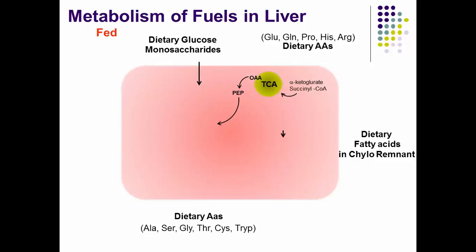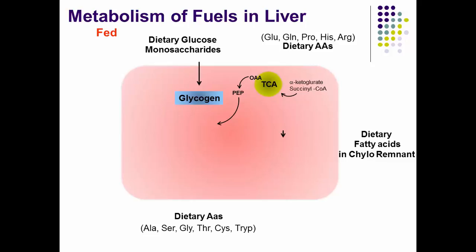So first of all, we all know that in the fed condition, we obtain a lot of nutrients, including glucose, fatty acids, and amino acids from the diet.